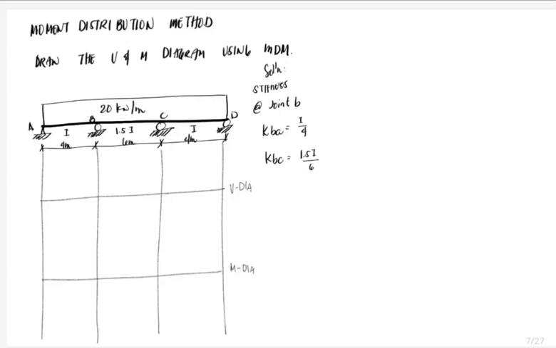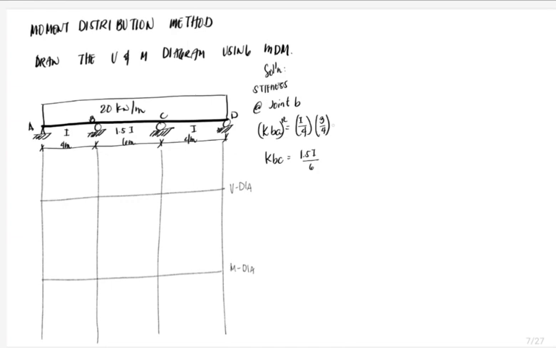Pero mapapansin nyo, yung BA natin has a hinge support. When we have hinge support sa edge, gawin nyo na siyang reverse agad. When you say reverse, we have to multiply it by 3/4. Yan.